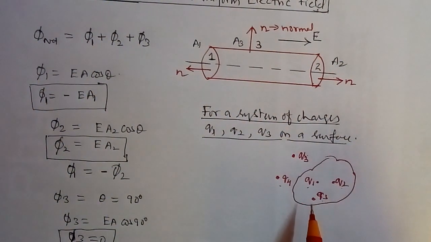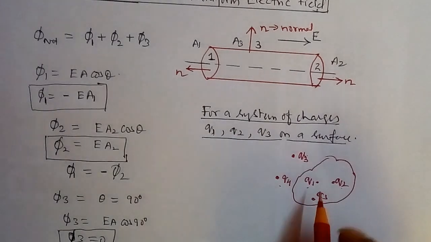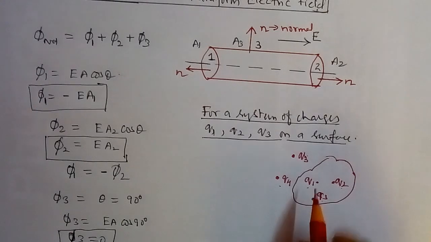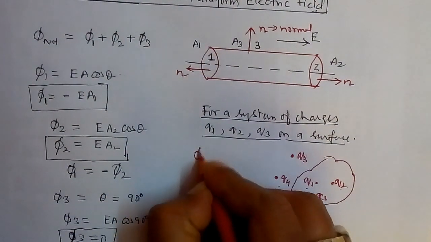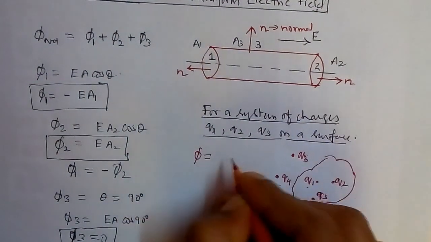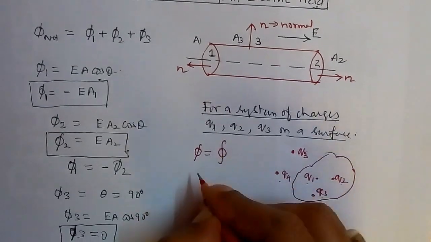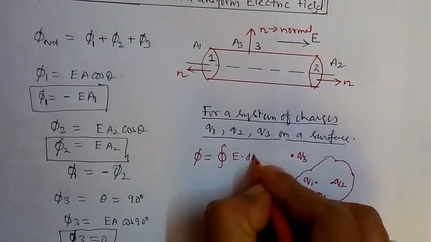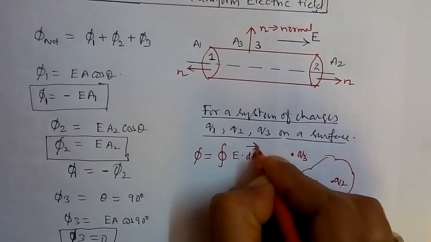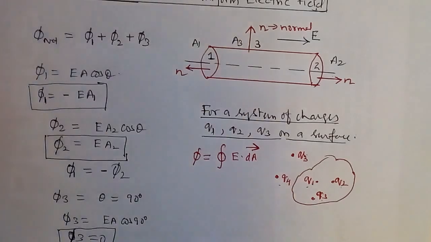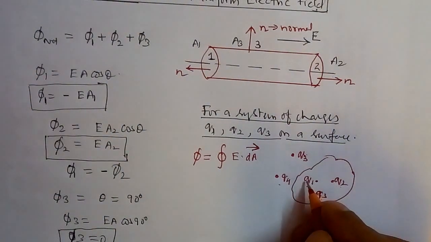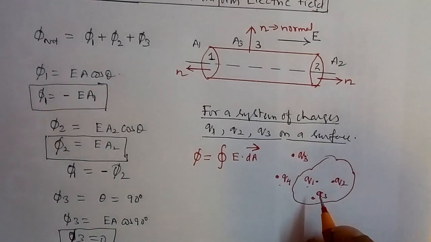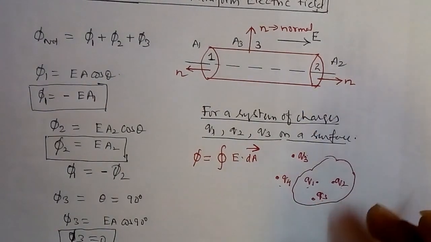Now for such a system with a closed surface, we can find the net flux by using calculus, that is phi equals the surface integral over a closed surface of E dot dA. So students, here we are showing area as a vector quantity. Since there are three different charges, each charge will produce a different electric field, say E1, E2 and E3.